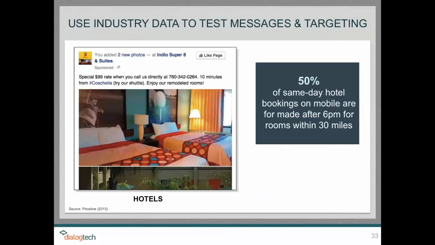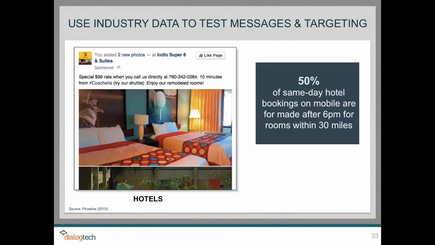So here are some examples. I already showed you this one for hotels, but using industry data and Facebook to test ads using different messages and targeting. Priceline has a study recently for hotels that showed that 50% of same-day hotel bookings, so people that make a last-minute same-day reservation for a hotel room, 50% of those people who do that on mobile devices do it after 6 p.m. and for rooms within a 30-mile radius of where they're located, which of course makes a lot of sense.